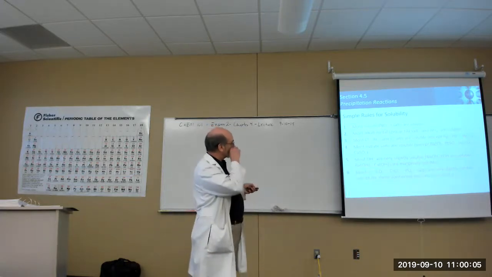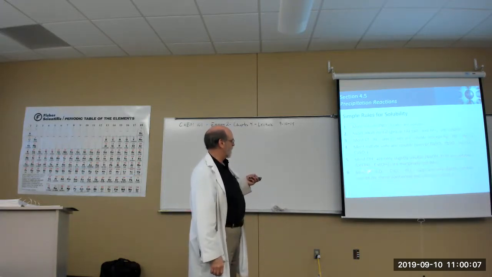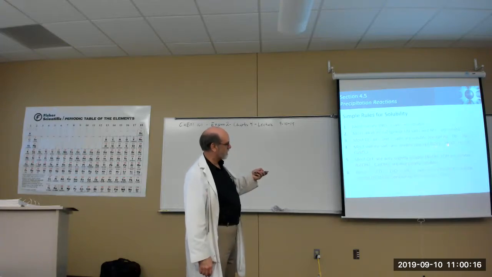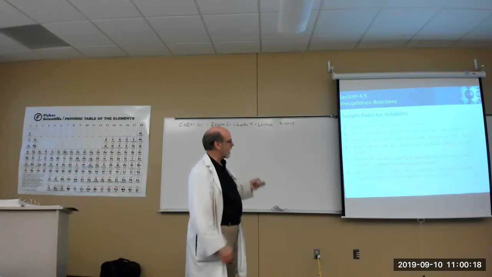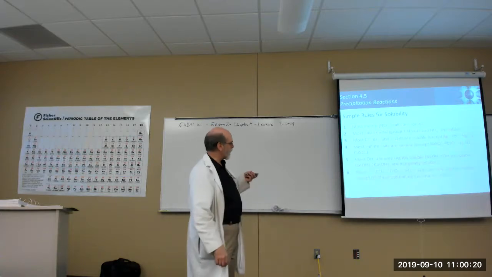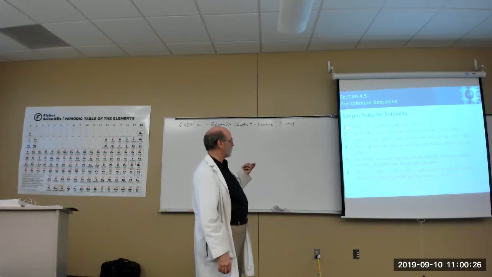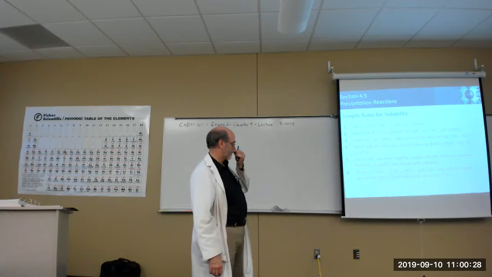So if we had a conflict between this one, most sulfate salts are soluble except for barium, lead, mercury, and calcium sulfates, and, say, this one, this one would take precedence.